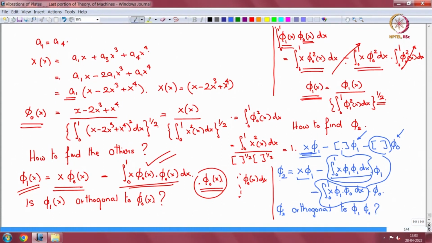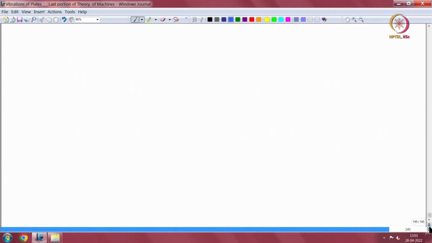We multiply phi 2 by phi 0 and integrate and check. So, basically this whole thing I multiply by phi 0 and integrate. If I do that, on the left I have integral 0 to 1 phi 2 phi 0 dx.